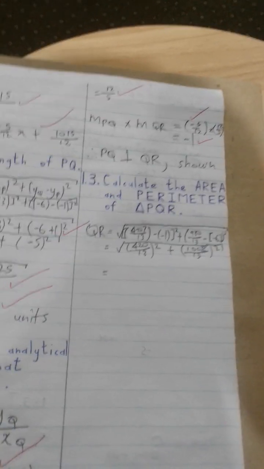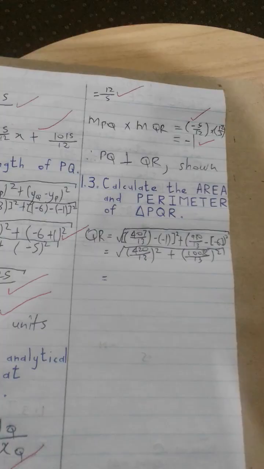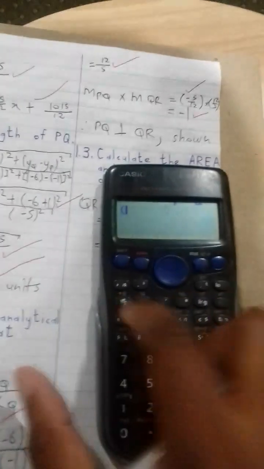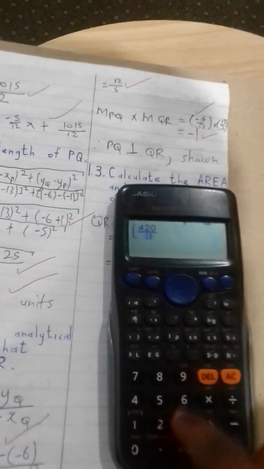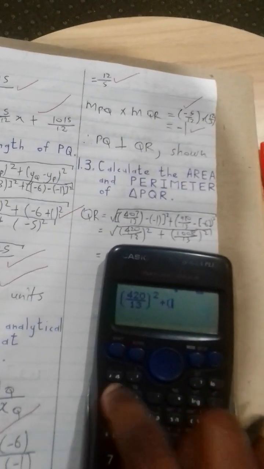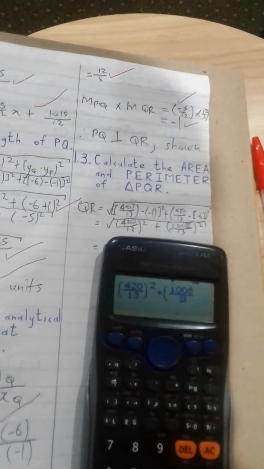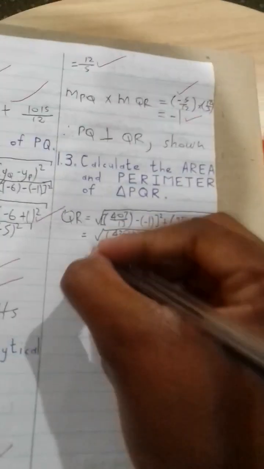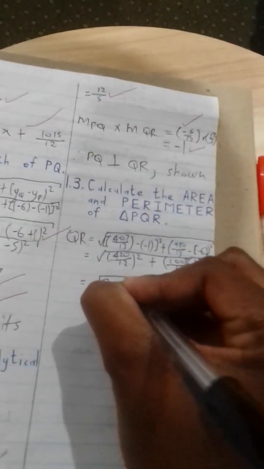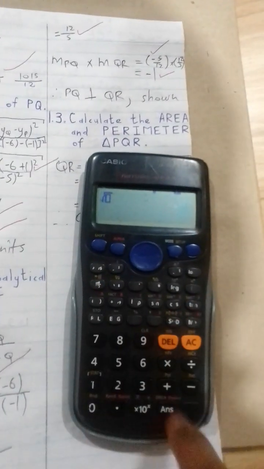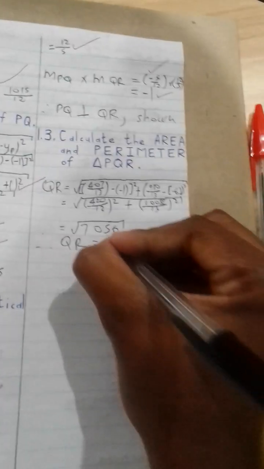So it is 420 over 13 squared plus 1008 over 13 squared, which is 7056. Wow. Therefore, QR is the square root of the answer, 84 units. Wow.